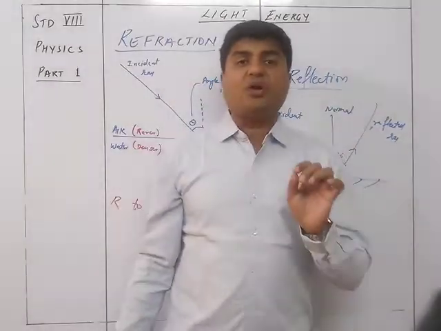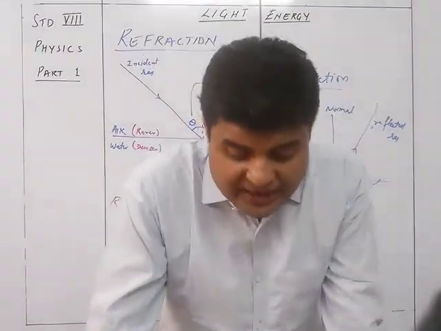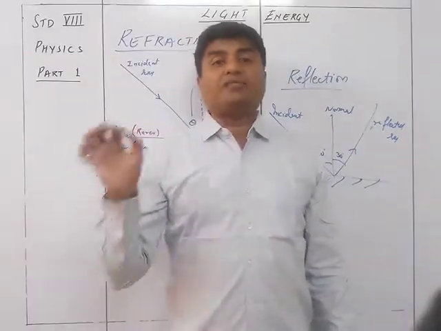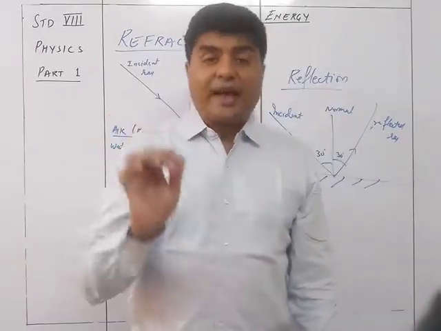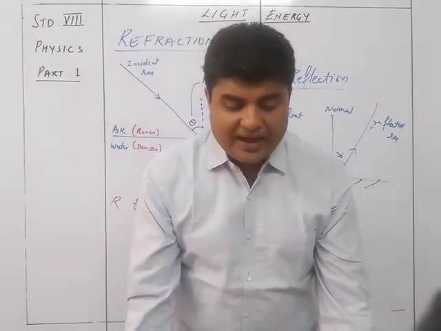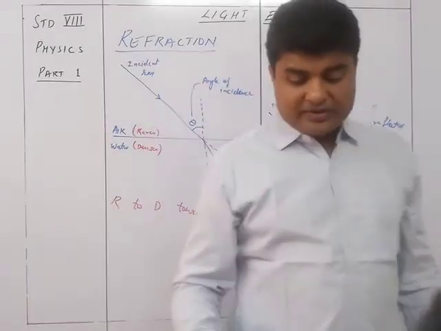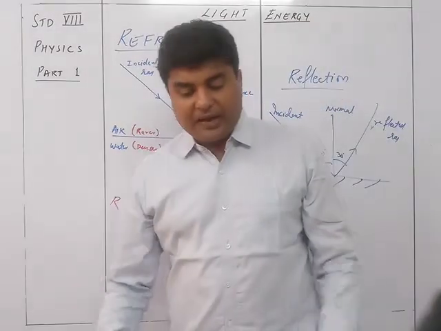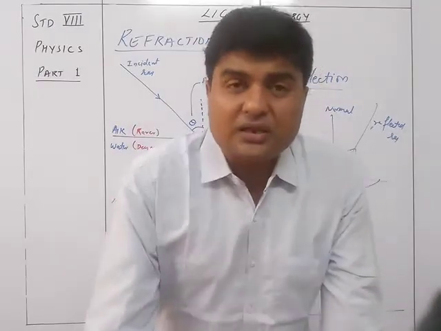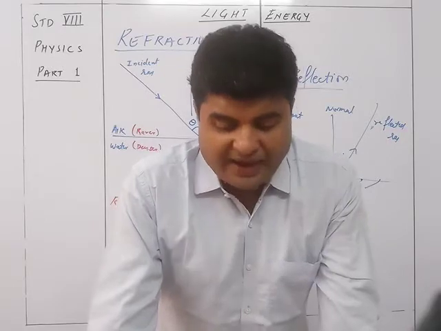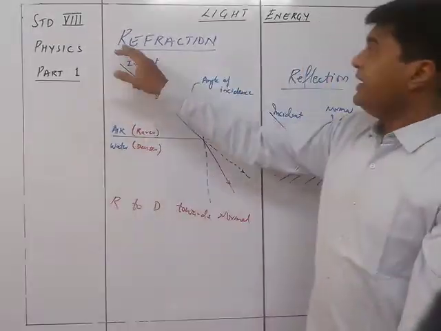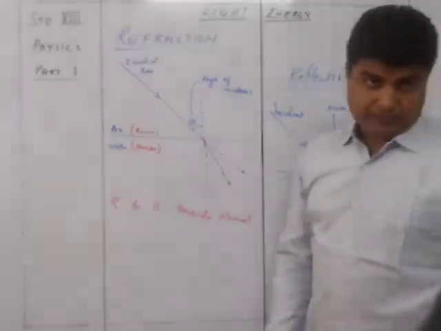So this is the definition of refraction. The change in the direction of the path of the light when it passes from one transparent medium to another transparent medium, or you can say when it passes from one optically transparent medium to another, is called refraction of light.